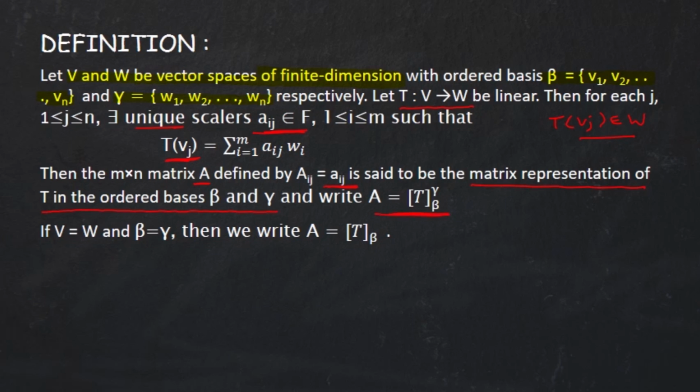And if V is equal to W, that is T is a linear transformation from V to itself, and beta is the same as gamma, the basis is also the same, then we write simply A is equal to T beta. We shall understand it with examples and it will be more clear.